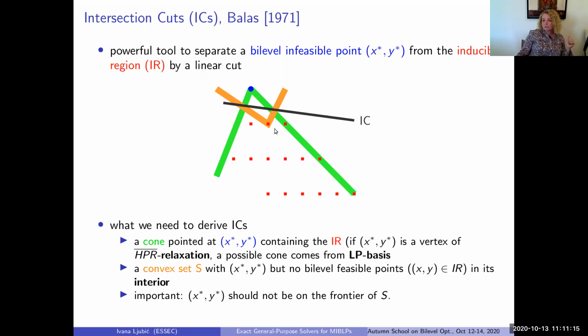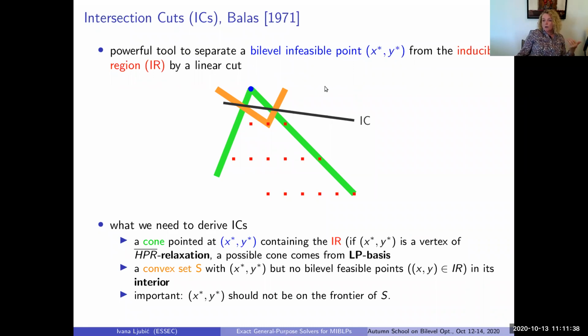Okay, so first question is LP basis, but we are dealing with an integer point. How is this possible? Well, this is possible if we run a branch and bound based algorithm in which each point in the branch and bound is obtained by using the simplex method, okay?